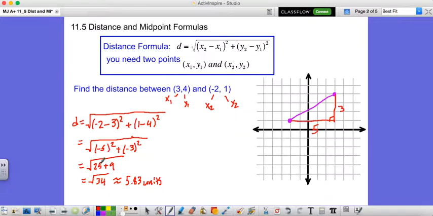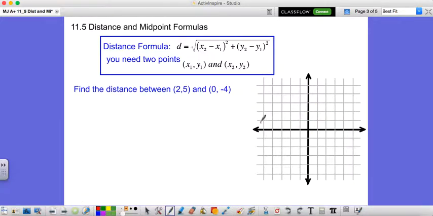Well, that's what we just did. We did 3 squared, we had negative 3, but it's the same idea, you still get 9. And 5 squared, 25, add those together, take the square root. All the distance formula is the Pythagorean theorem. That's all it is. It's just written out symbolically. So if you forget the distance formula, but you know the Pythagorean theorem, you're still in good shape.